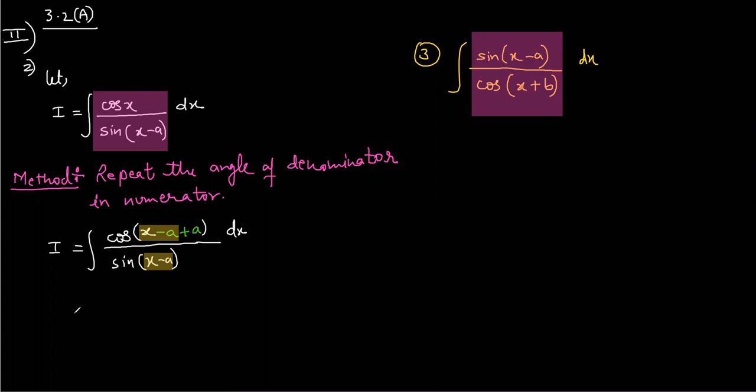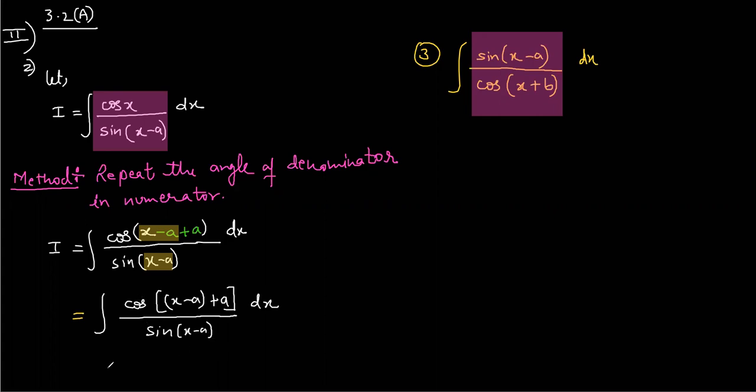So see the next step of what I will write. Next step I will get cos of x minus a plus a. This is a very important problem, students. I will take this x minus a as one bracket and this a as the second, and here sine of x minus a. Now I will treat this numerator as cos of a plus b.